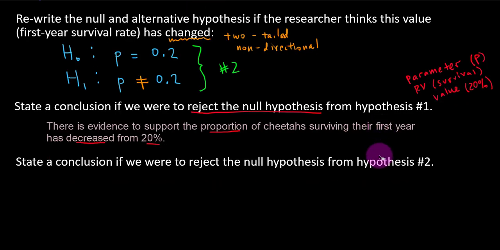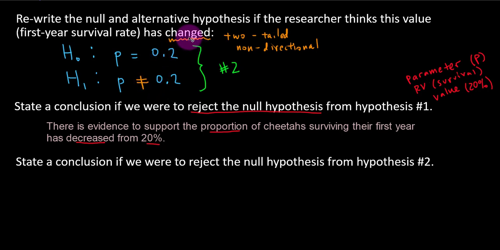Let's practice stating another conclusion, this time from scenario number 2, but again, we will practice the way we state this when we reject the null hypothesis. When a rejection of the null hypothesis occurs, we're saying that there's evidence for the alternative. But this is going to look a little different from what we previously wrote, because in scenario number 2, we weren't looking for a decrease.